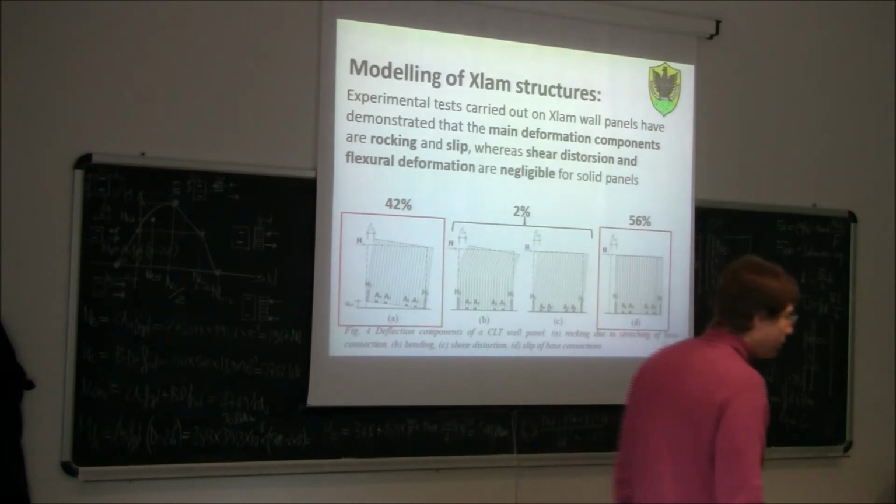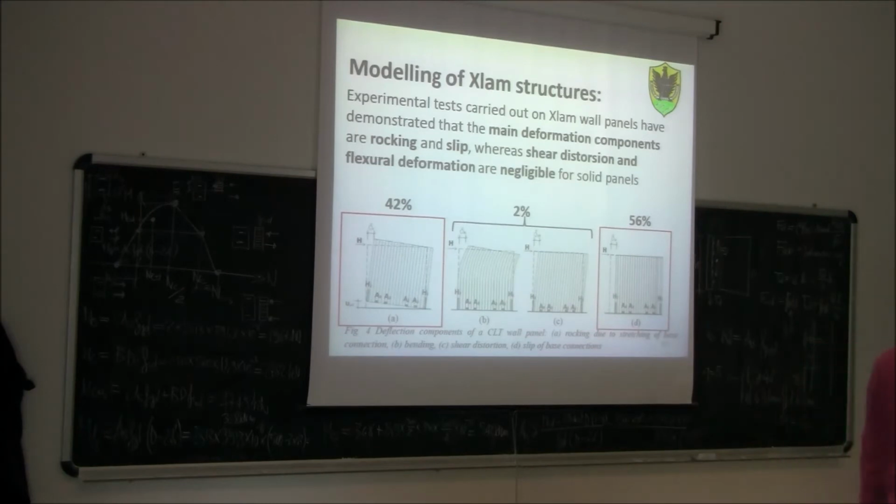And in all the cases, it was shown that usually the distortion of the wall itself, so the shear distortion or the bending deformation of the wall itself, was negligible, you see 2%, compared to rigid deformation, for example rigid rocking, 42%, or rigid slipping, 56%.